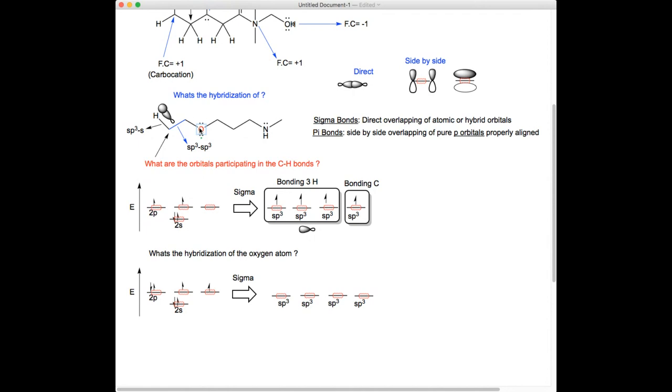So no pi bonds, all single bonds in one atom, and there is an exception to this. I'm going to talk about this in 15 minutes or so, okay? But for now, let's talk about the general rule: any atom, it doesn't matter if it's not carbon, having only single bonds will always be sp3 hybridized.